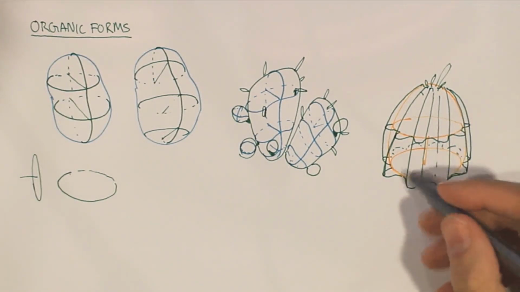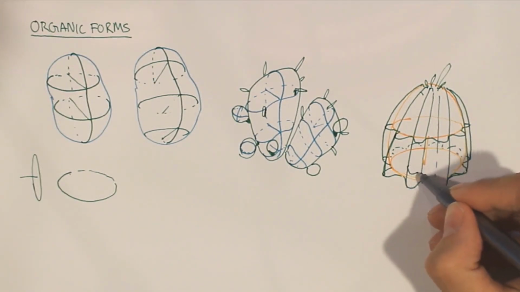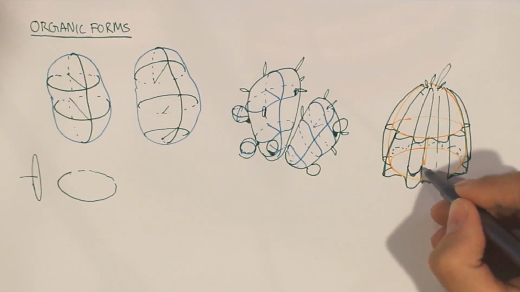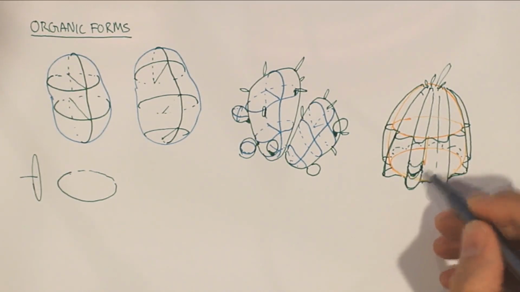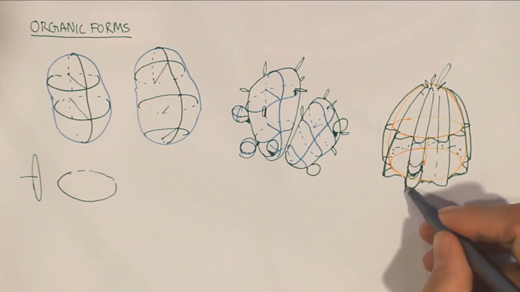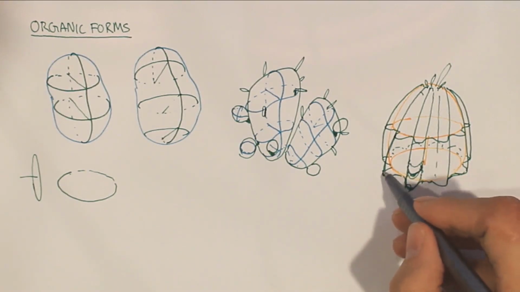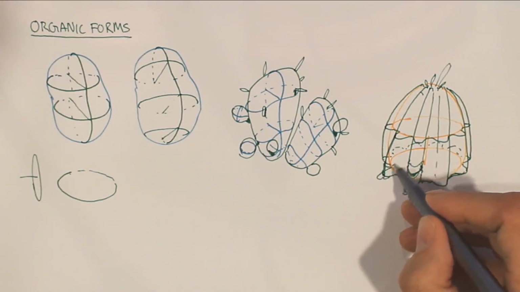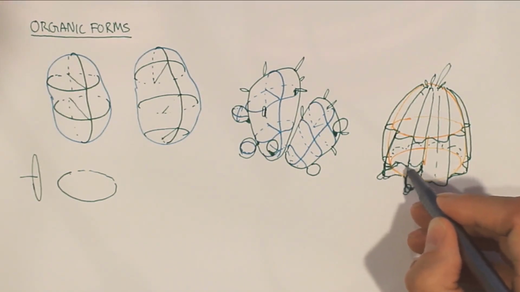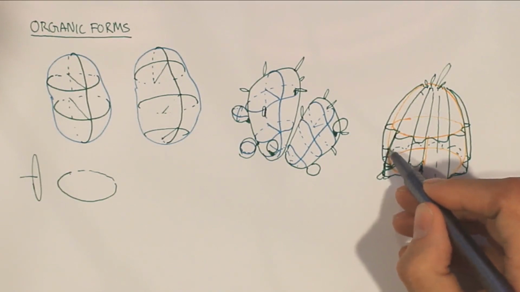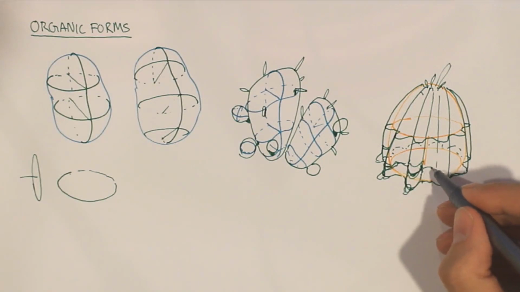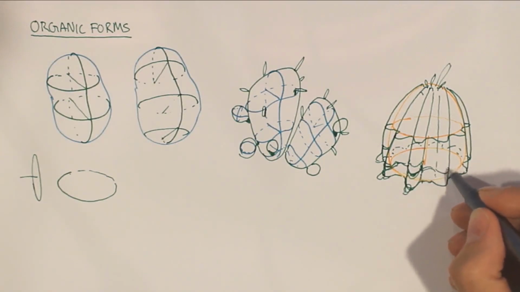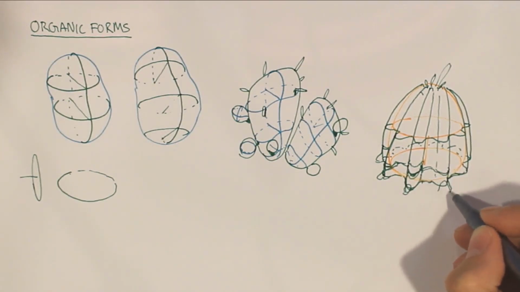Now I'm going to add some texture to try to sell this a little more. It has these sort of chunks down here and these segments. Adding in this texture helps sell those forms a little more. And you can follow the contour.